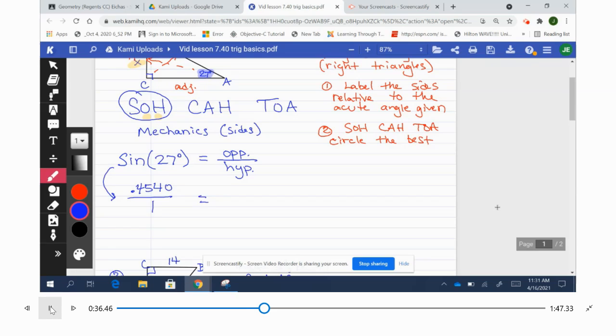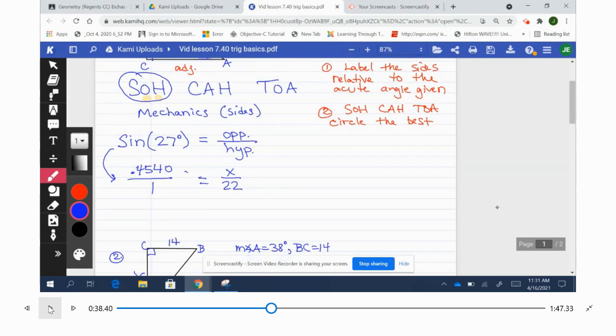Now, the reason we're doing this, now we're going to sub in this triangle's opposite is x, and this triangle's hypotenuse is going to be 22. Now, what we're saying with trigonometry is all right triangles with a 27-degree acute angle are similar. So in similar triangles, remember, we set up proportions to solve for missing sides.